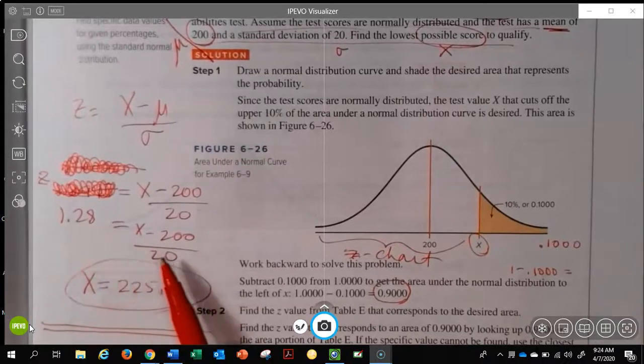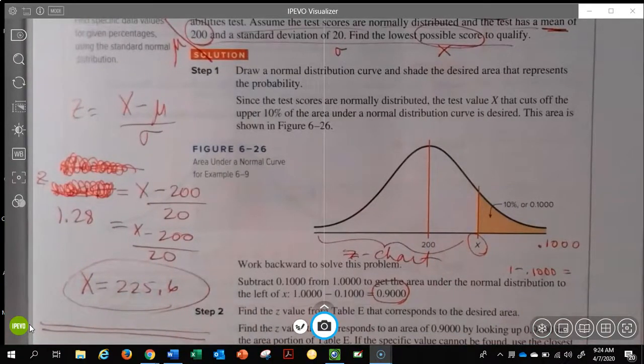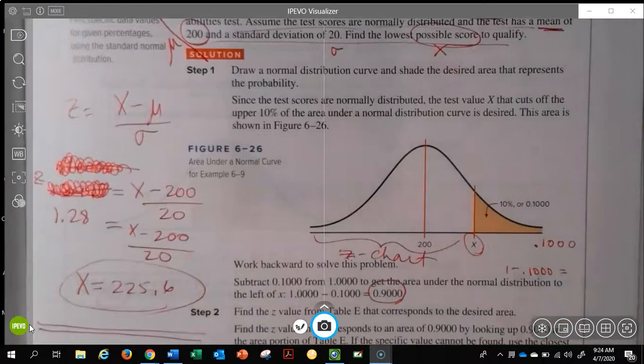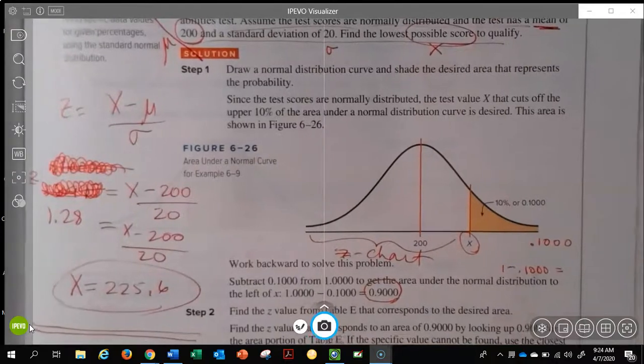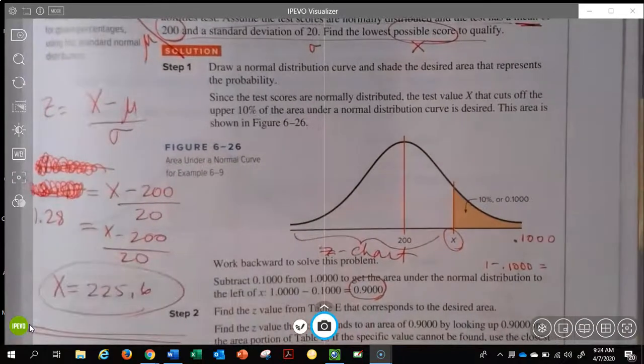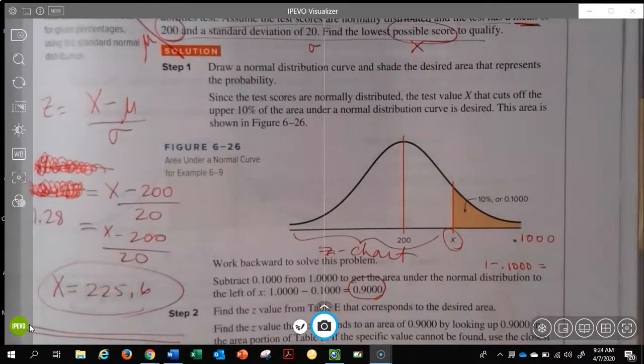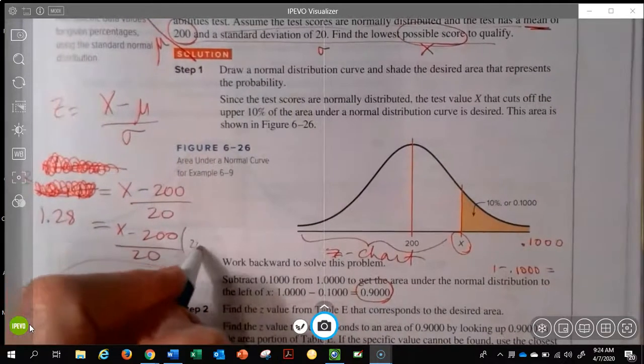I like to do the algebra, and so to do the algebra, I keep moving my pins around. Up here's one. I'm going to multiply both sides by 20.